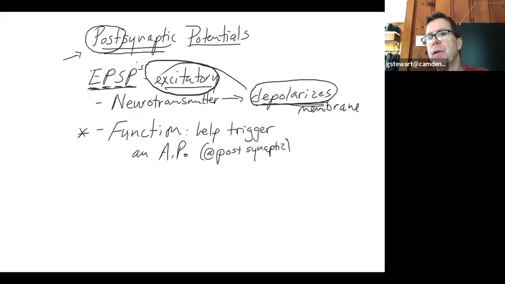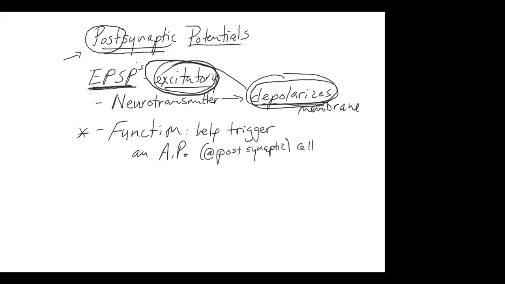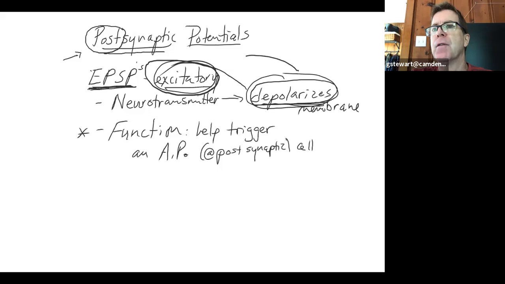So that's a really Reader's Digest version of what an EPSP is, an excitatory postsynaptic potential. That's what we've been using as our examples all this time. It's excitatory, it causes depolarization, which by definition makes it excitatory. And the main goal is to help trigger an action potential at the axon hillock of the postsynaptic cell.